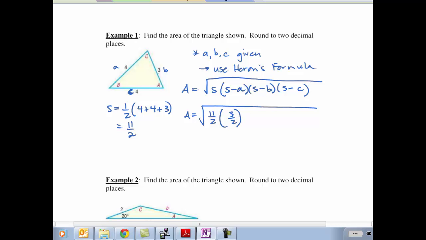S minus B, 11 halves minus 3, 3 is 6 halves, so 5 halves. And then S minus C is S minus 4, again, 11 halves minus 8 halves is 3 halves.